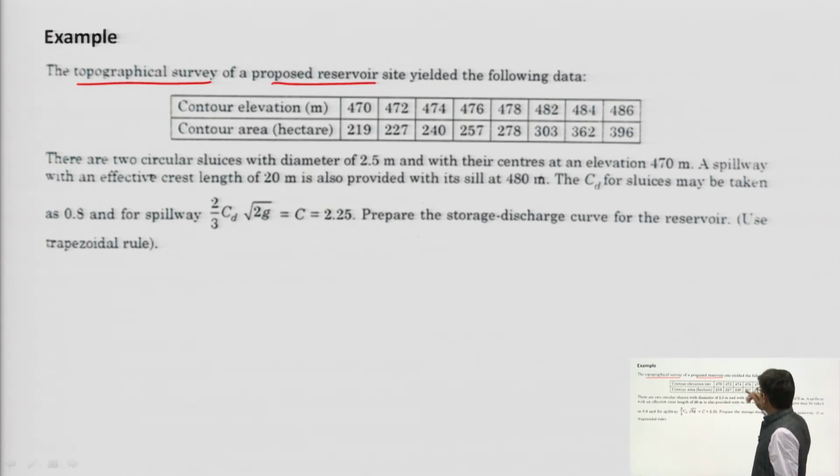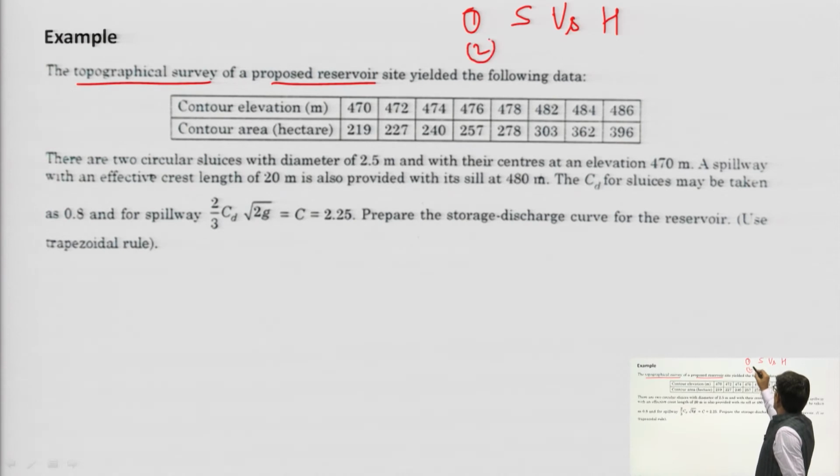So this is the topographical survey of a reservoir, and through that topographic survey we need to establish the relation between storage versus h, number 1, and second objective is to establish the relation between outflow, meaning discharge, versus h. That is the objective behind this example.